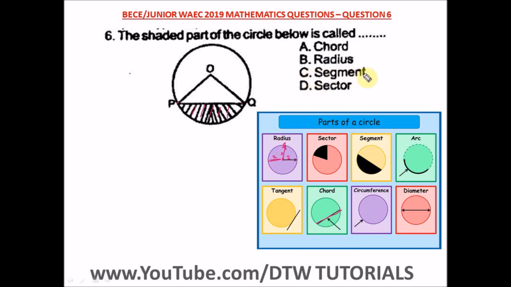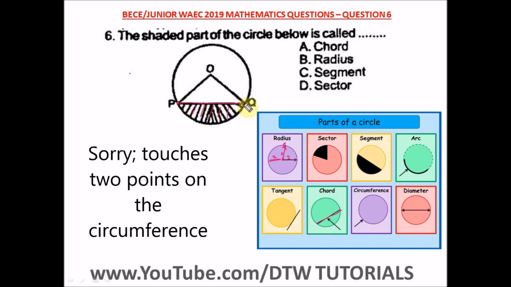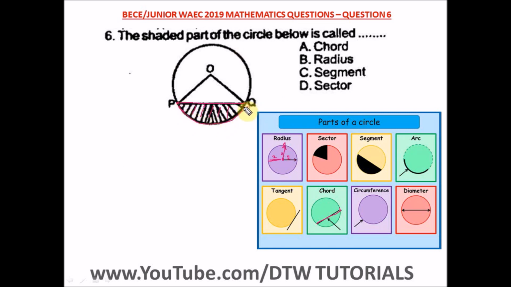Okay, it says a segment. Yes, it is correct, a segment. This is a segment, that is, it is in between a chord, which is this line, a straight line that touches two parts of the circumference of a circle, and also this particular place is an arc. An arc is just any point on the circumference of the circle.